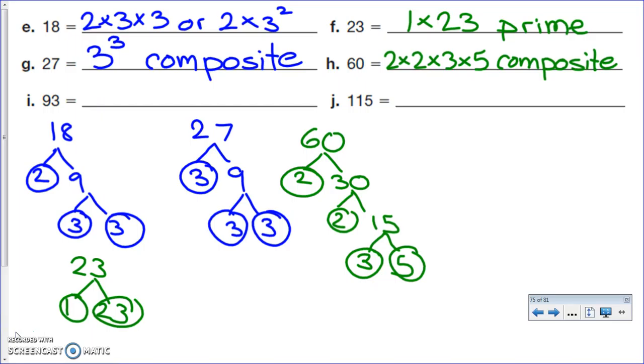Next, we have 93, and we know that 93 is 3 times 31. So we're going to write that one out. Both of those numbers are prime, so the prime factorization for 93 is 3 times 31, which means 93 is a composite number.